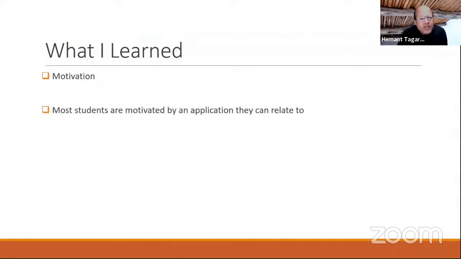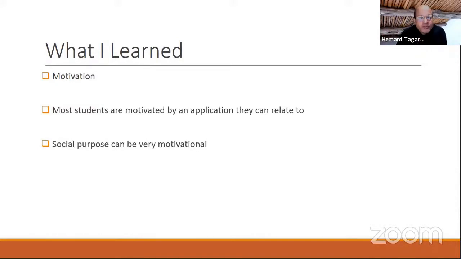Most students and most of my postdocs seem really motivated by an application they can relate to. There's a small percentage of students who will follow a subject because they're interested in just the subject itself. Most seem to be really motivated if you can relate that piece of mathematics or computation to something in real life that they can relate to.